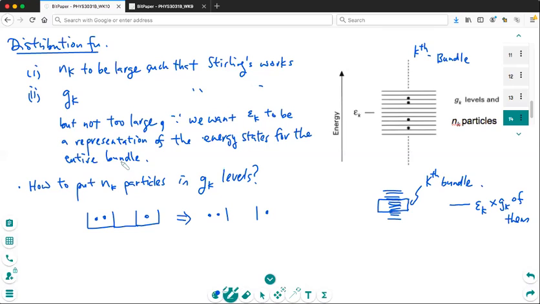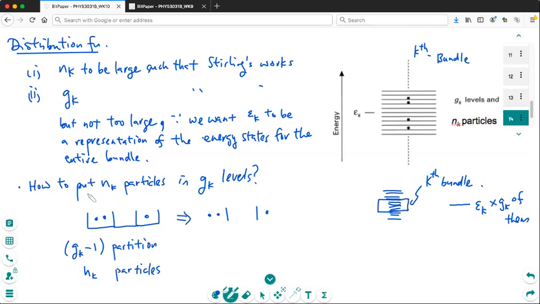If I turn this by 90 degrees, there will be this kind of picture. I will have my energy, and now I take them to be degenerate, G sub K of them. So I have G sub K boxes to deal with. I will need G sub K minus one partitions. And I will have N sub K particles.